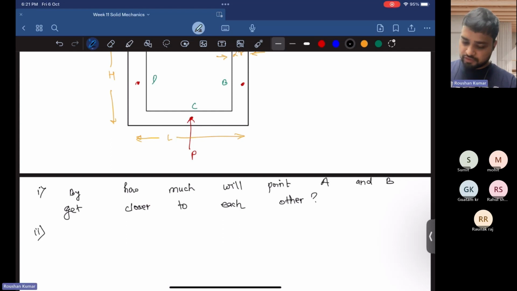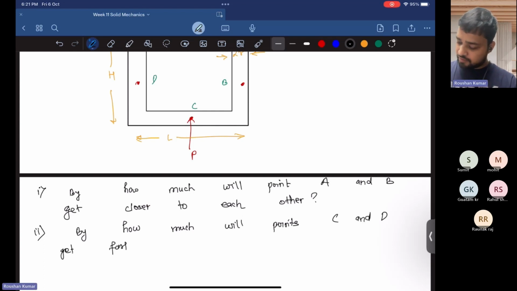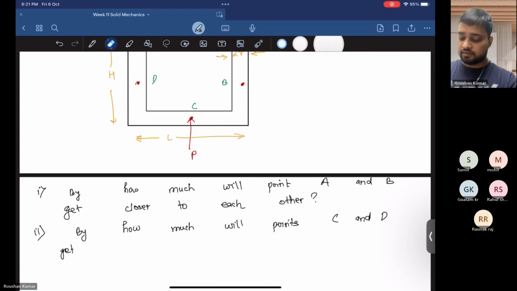The second part of this question is, by how much will points C and D get farther apart?